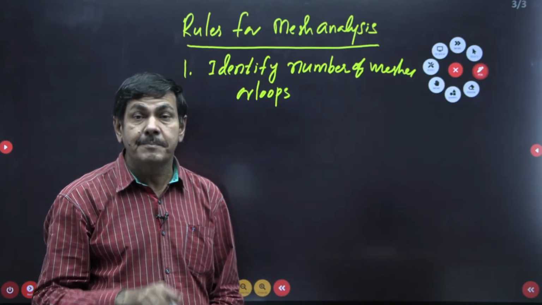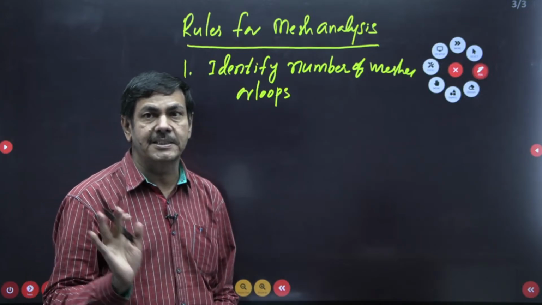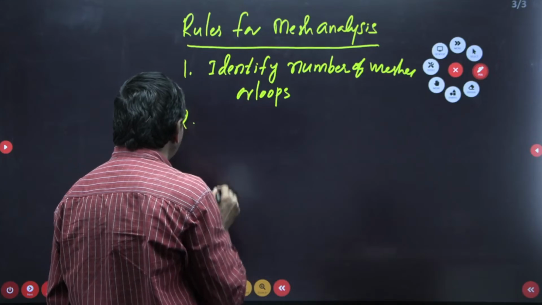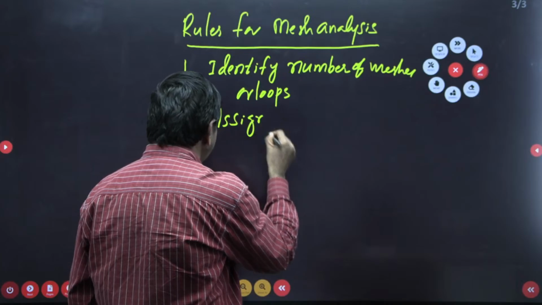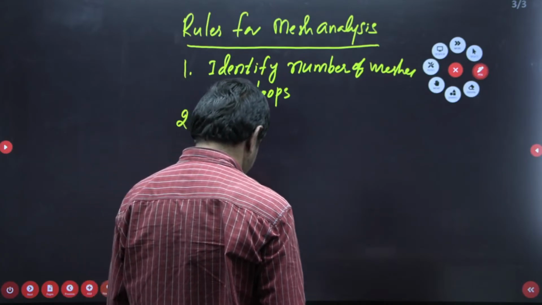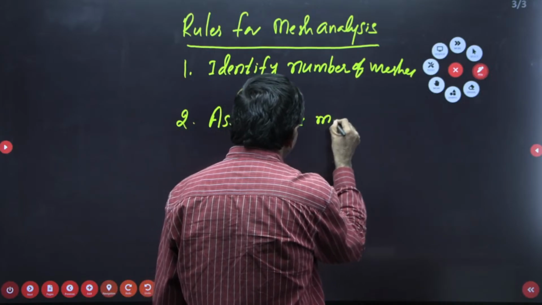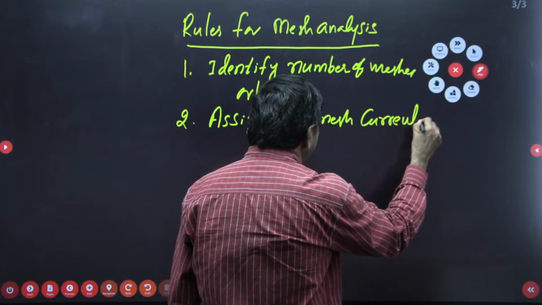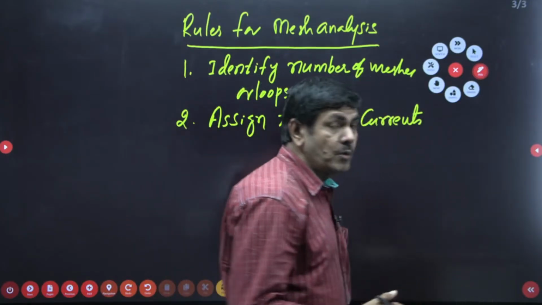Then assign the mesh currents in that particular loop or mesh. Point number 2, assign the mesh currents. How to assign?